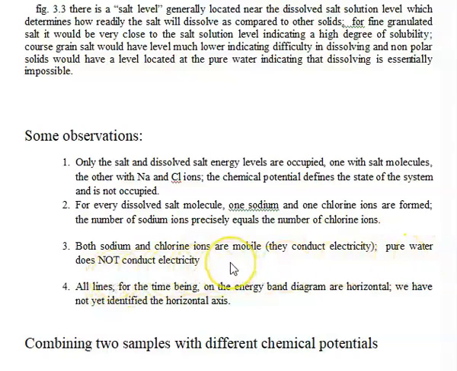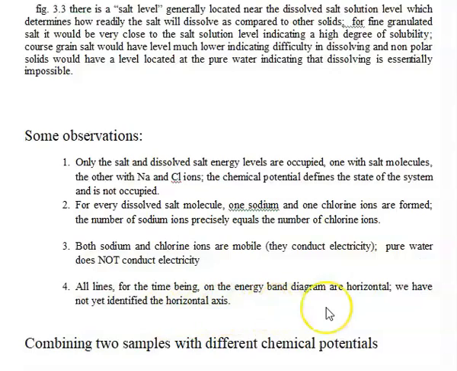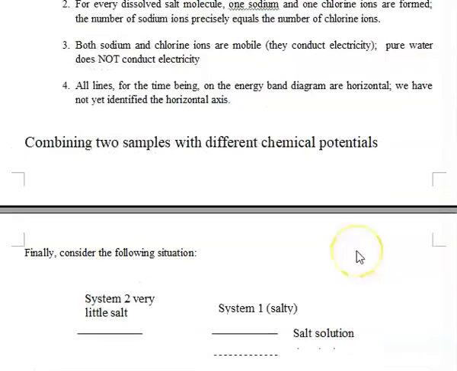I believe it's about 18 megohms, I think, for the resistivity of pure water, extremely high. Okay, all lines here are horizontal, and we have not yet identified the horizontal axis. However, we have identified the vertical axis, and it is energy.